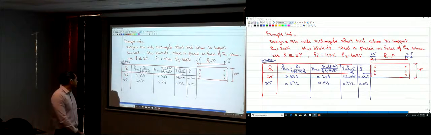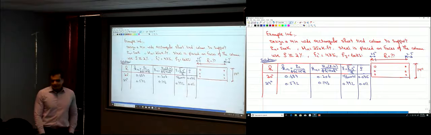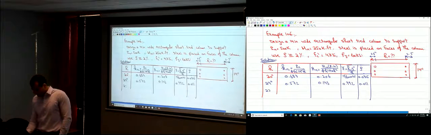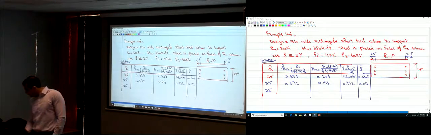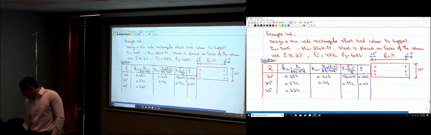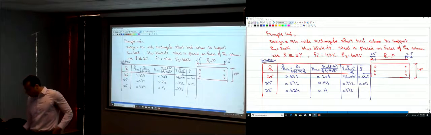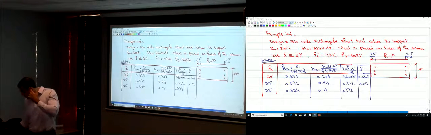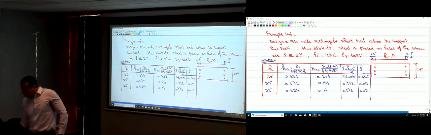No, you want 2%. So what would you do? 22 inches. If you have 22 inches, this is going to be 0.624. Rn is going to be 0.17, gamma 0.773. Interpolating the two values for rho, you're going to get exactly 2%.